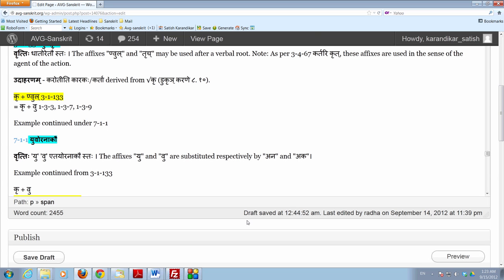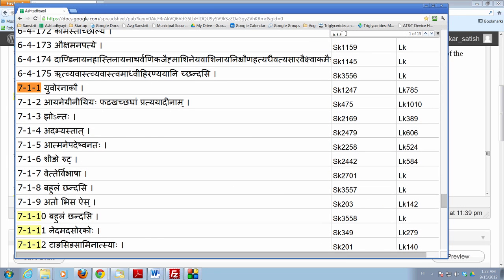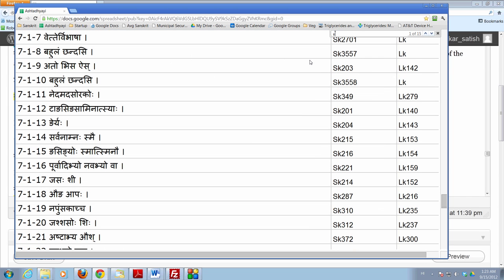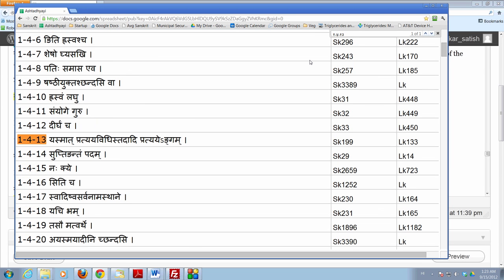Okay, so now this sutram is in the angasya adhikaraha, which means, what is an angam? Yasmat pratyaya vidhis tadadi pratyaya angam. So an angam is a relative term, it is relative to a pratyaya. So when Panini says yuvoranakau, we must be talking about a yu or vu in a pratyaya, because a pratyaya is required to create an angam.